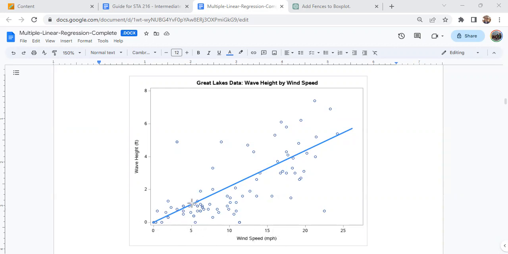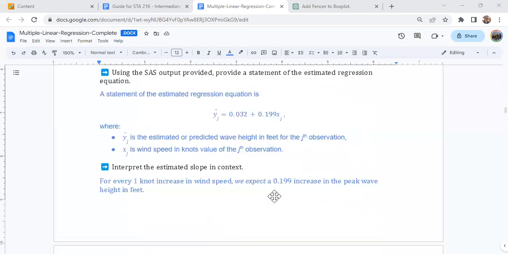For every 1 knot increase in wind speed, we expect wave height to go up by 0.199. But that's not exactly how every observation follows. They don't all follow that trend perfectly. So that's why we say this is what we would expect, or on average, this is how much the change is. But it's important to distinguish that from making a definitive statement about that relationship. Just communicating our uncertainty a little bit.